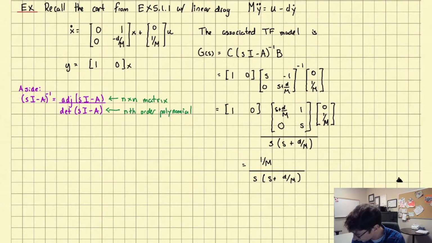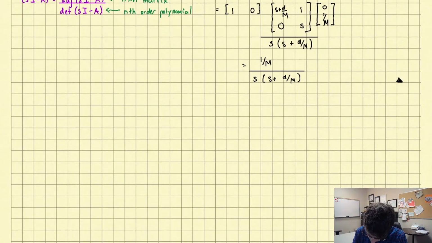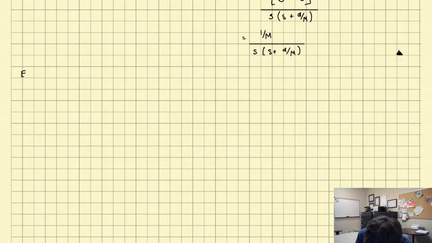Okay. Let's do one more example. We just computed the linearization of the pendulum, so let's find the associated transfer function. Okay. So recall the model of the linearized pendulum at its upright position.